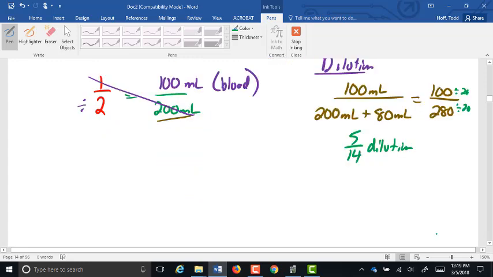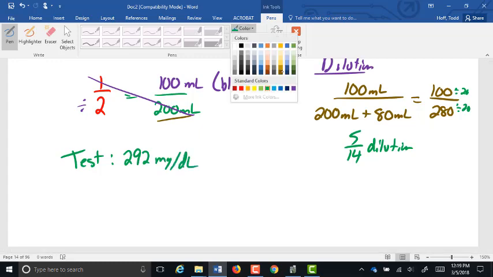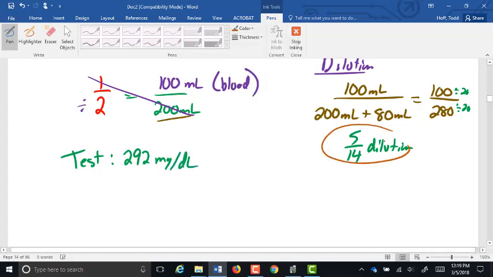So now let's say that we test that sample and it tests at 292 milligrams per deciliter. So now we use that 5 and 14. The 292 is, of course, the smaller number. It's going to get larger in actuality.